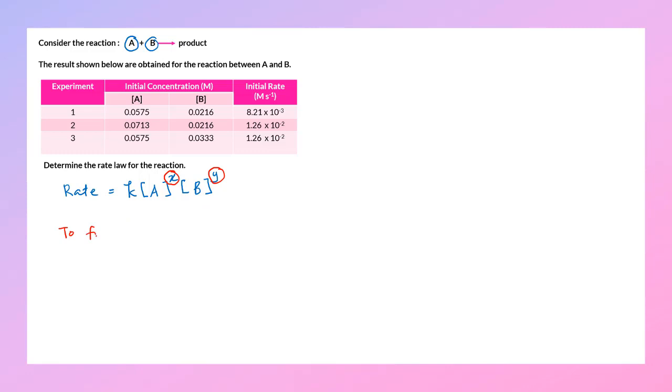To find the order with respect to A, which is X, in order to determine the X value, we have to choose two data points from the table where the concentration of B is constant.